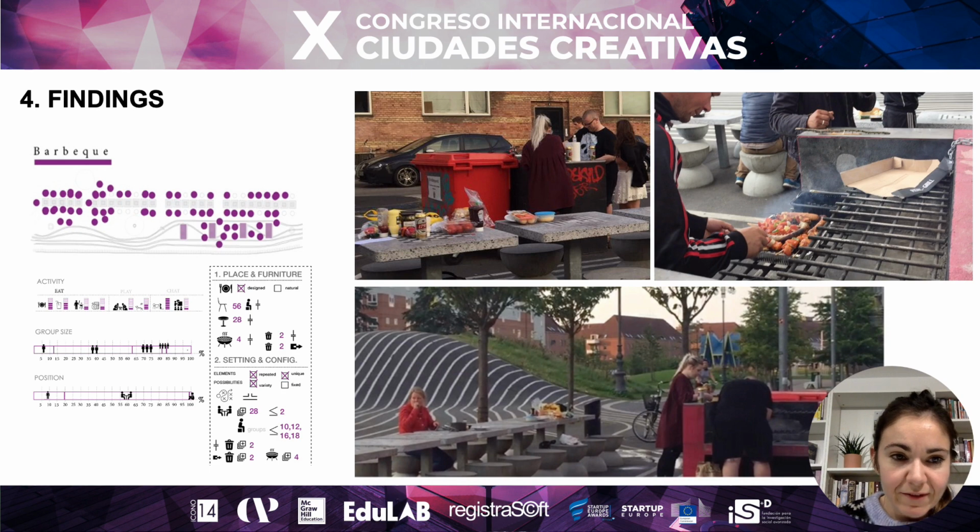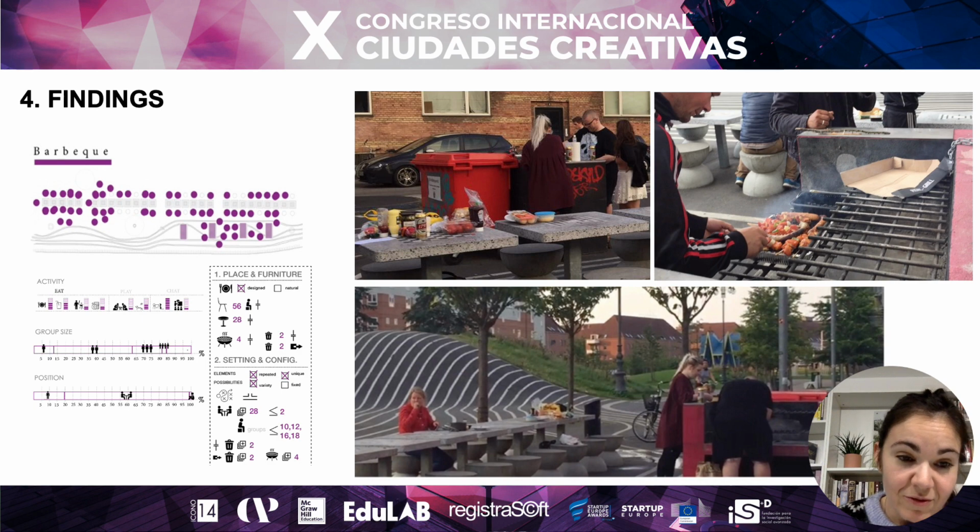And now if we look at the findings of the other area in the black market, the barbecue area, you see on the left this multiple collection layout I was talking about. So you see the row of tables and chairs and where people spend most of the time, or where they were grouping.